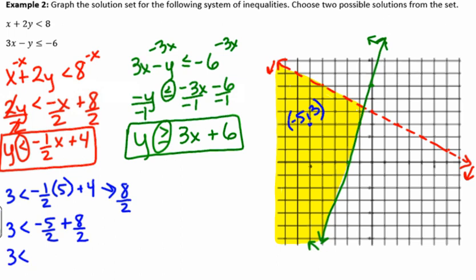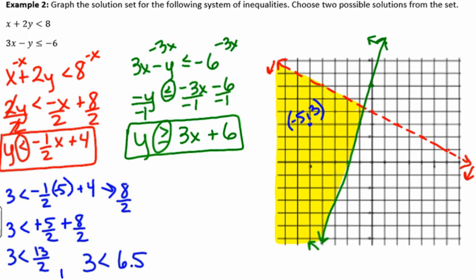Is 3 less than 3 over 2, which didn't work, so I just caught my minus sign. This is a negative 5, sorry. So negative 5 times the negative 1/2 is a positive 5 over 2. 5 plus 8 is 13 over 2. So 3 is less than 13 over 2, which is really 6.5 if you'd rather look at it as a decimal. And yes, 3 is less than 6.5. So sorry about my negative sign mistake there. Just catch that. It was a minus 5 and a positive 3.